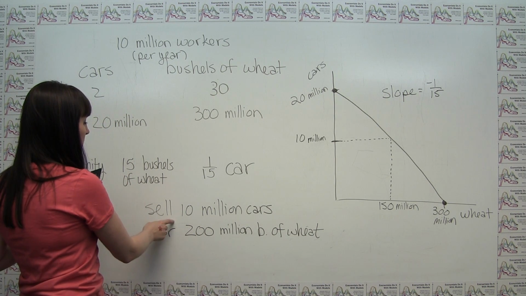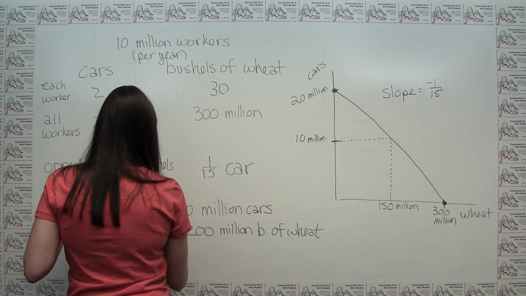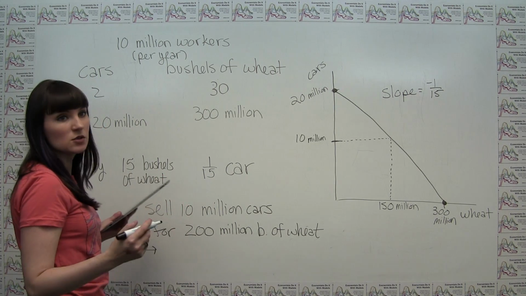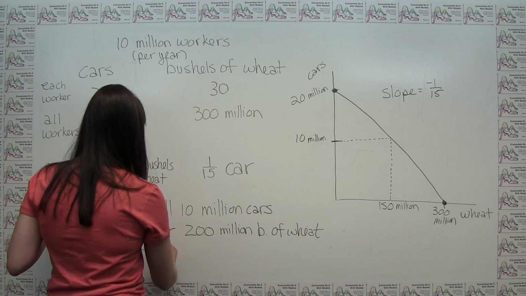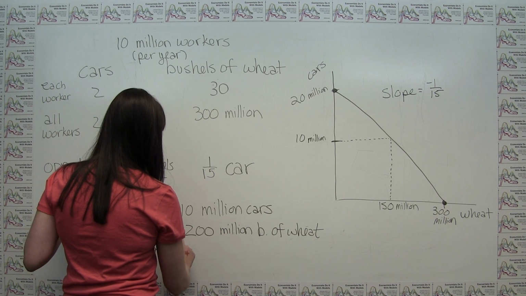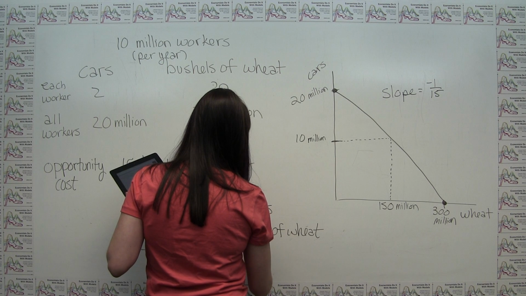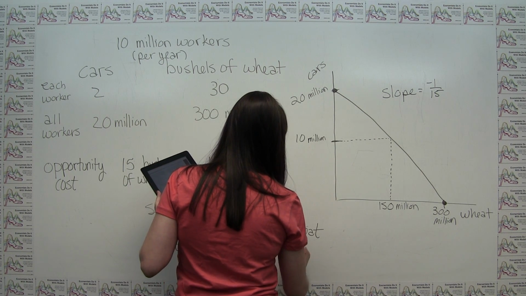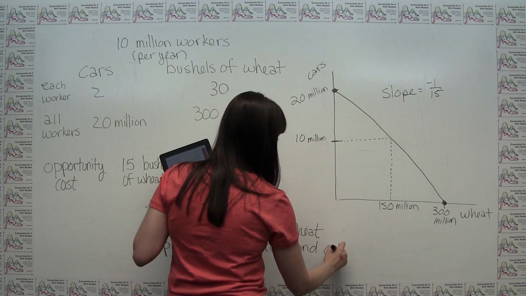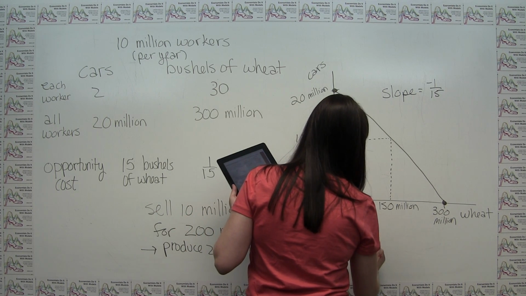So we can say if we do this, then Canada, if it chooses to only make cars, can produce 20 million cars and 0 bushels of wheat.